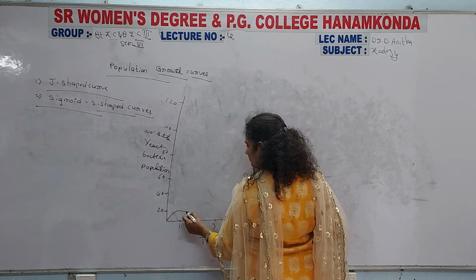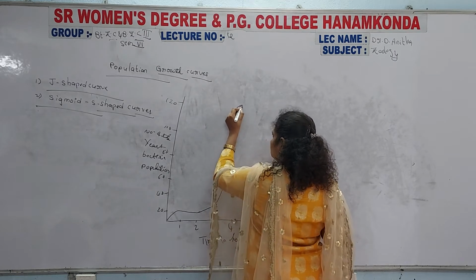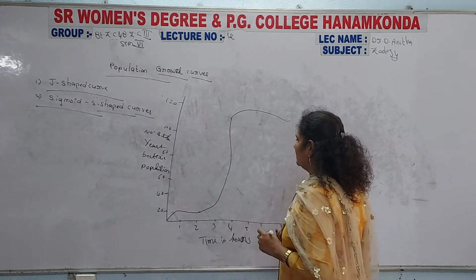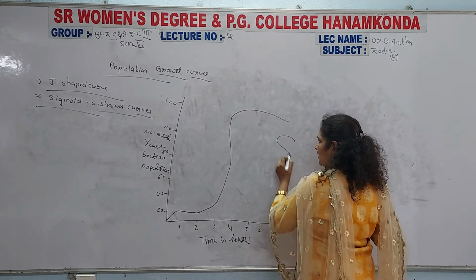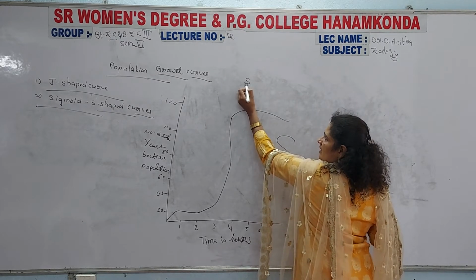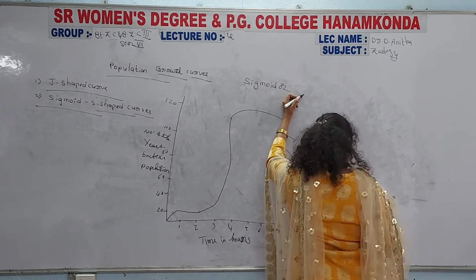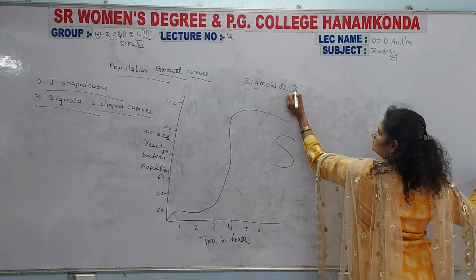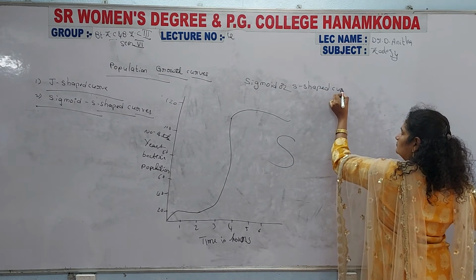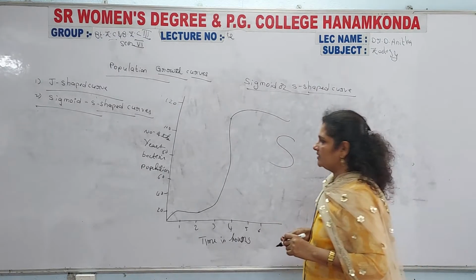So that rate was gradual and constantly continued, it should bear like this S shape. So it is considered here as a sigmoid shaped curve, or S-shaped curve.